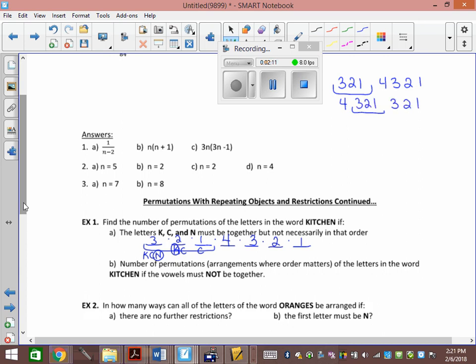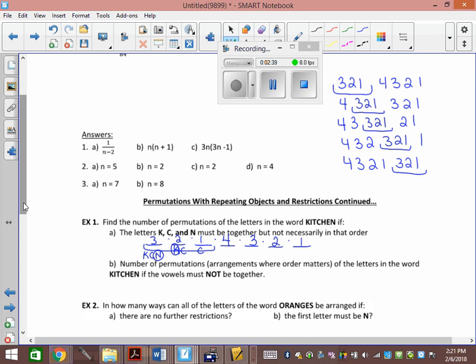Could we put them between these 2 letters? Yeah, so we could go 4, 3, 3, 2, 1, 2, 1. We could put them between these 2 last letters: 4, 3, 2, 3, 2, 1, 1. And we could put them behind that last letter: 4, 3, 2, 1, 3, 2, 1.